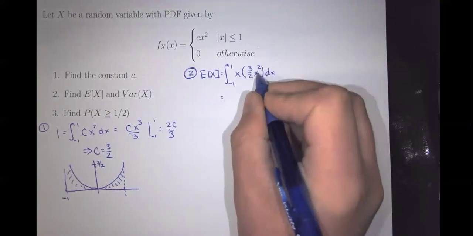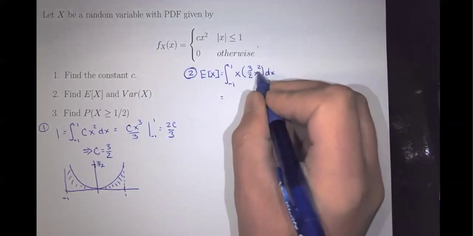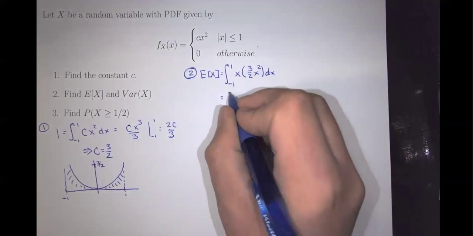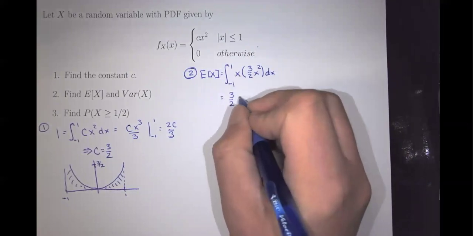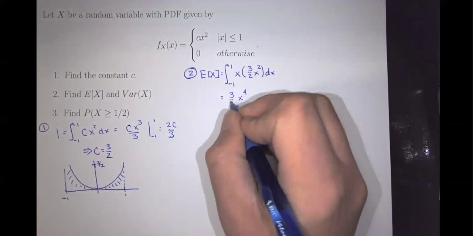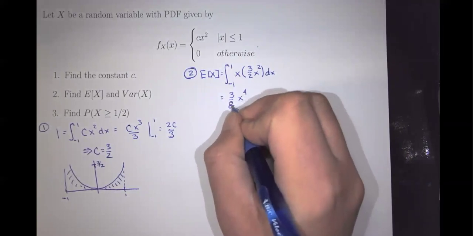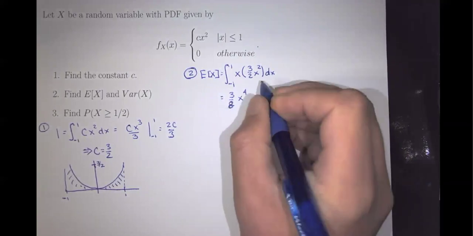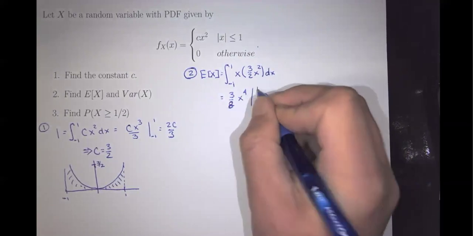So this is x times x, which is x cubed. So the antiderivative is 3/2 x to the 4 over 4. So instead of 3/2, let's make it 3/8. That's a value from -1 to 1.